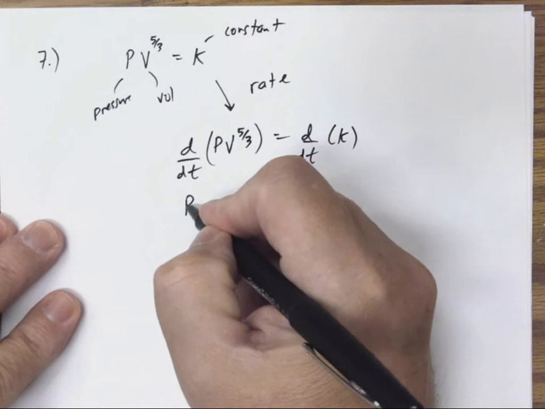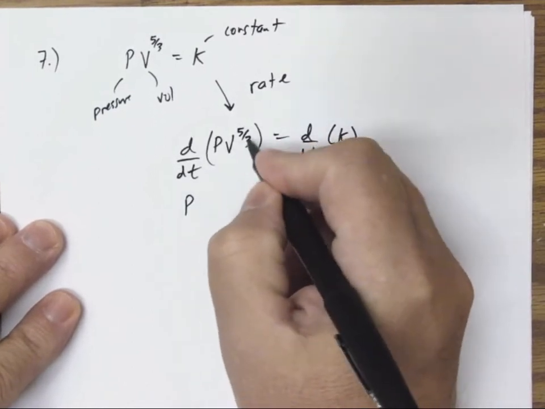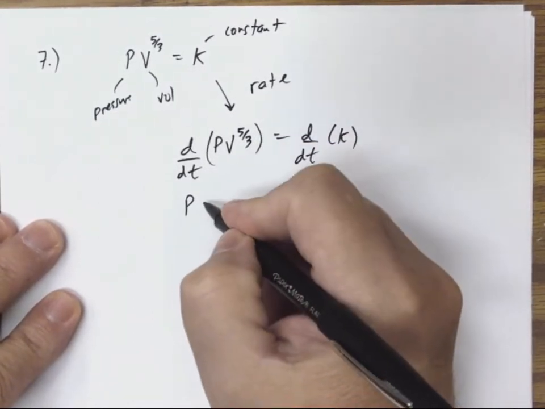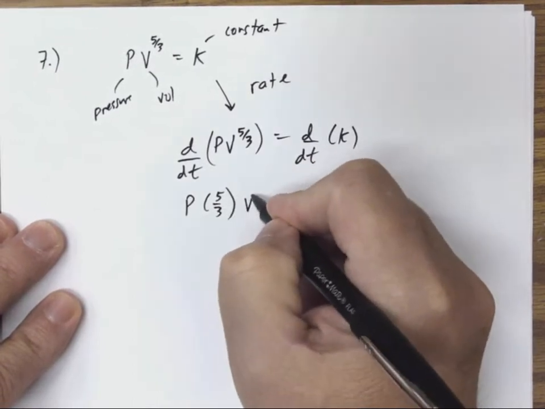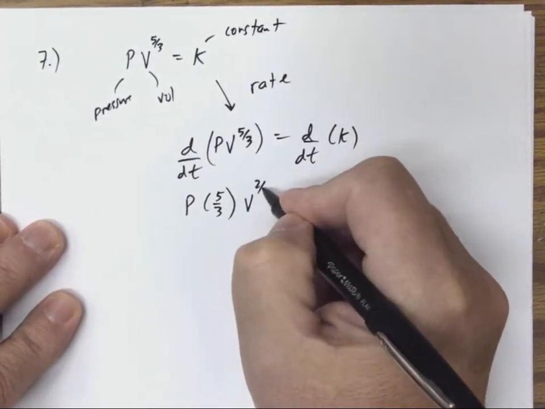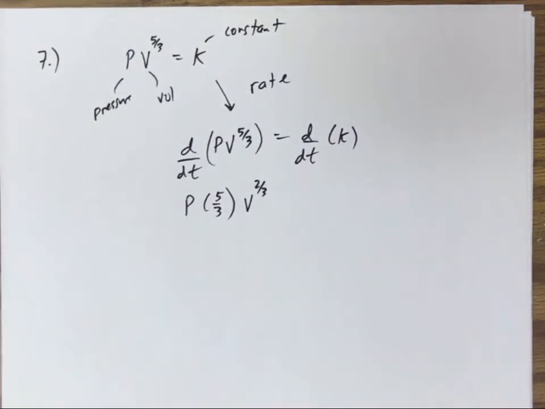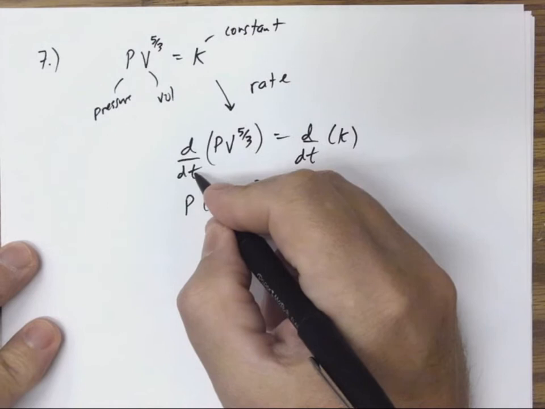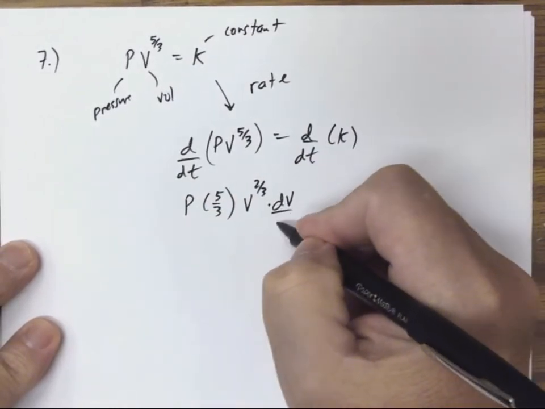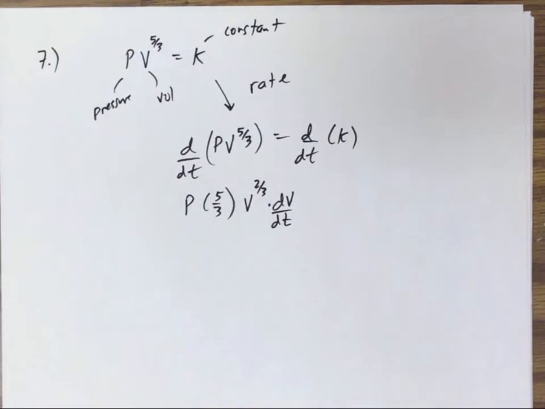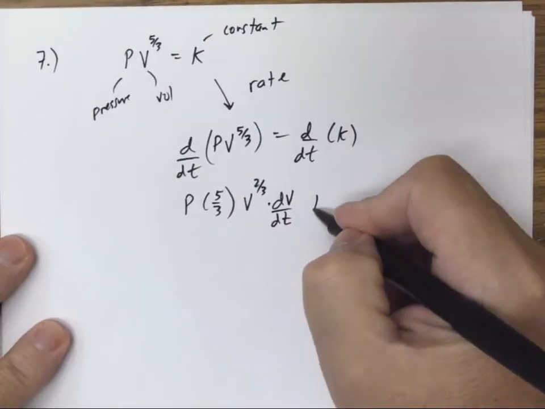So I'll write P. Now the derivative of V to the 5/3, well, the 5/3 comes down, and then we subtract 1, which leaves V to the 2/3. But since V and the t down here are different, we have to also have the dV dt. So that's the first half of the product rule.